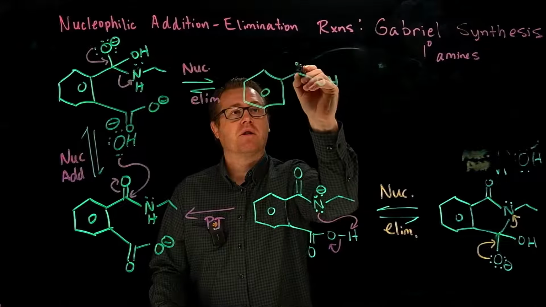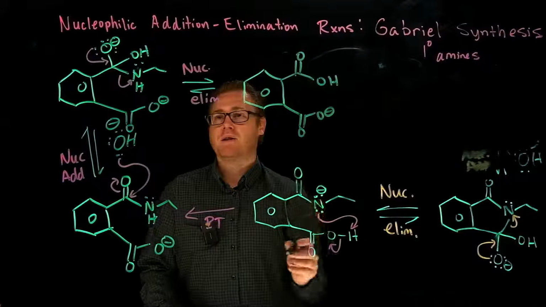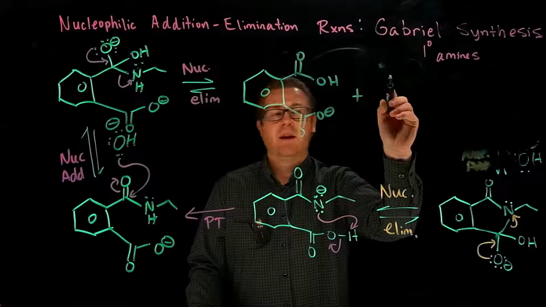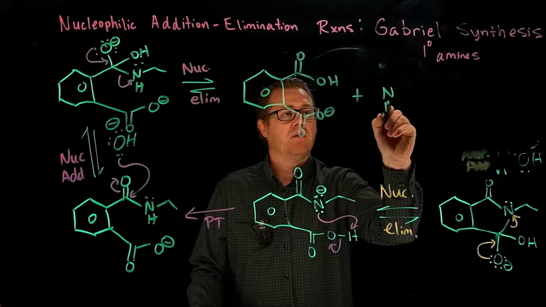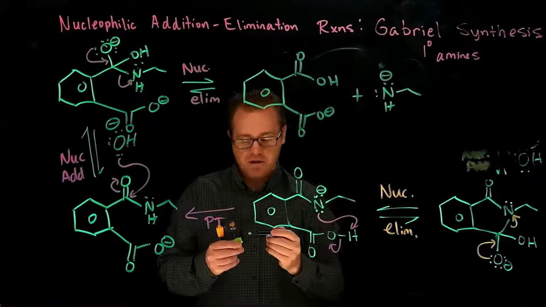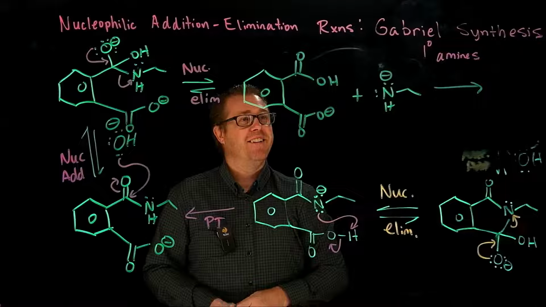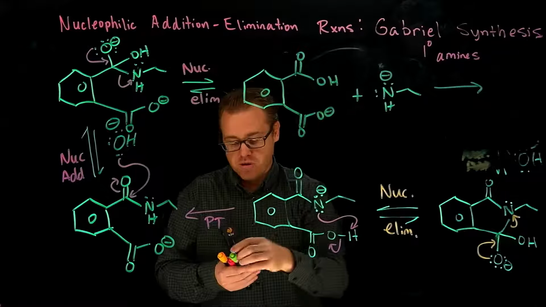We generate another carboxylic acid. That's already the carboxylate. We generated the amine right here. So that's negatively charged. So you can see an irreversible step again, where we are going to do another proton transfer.